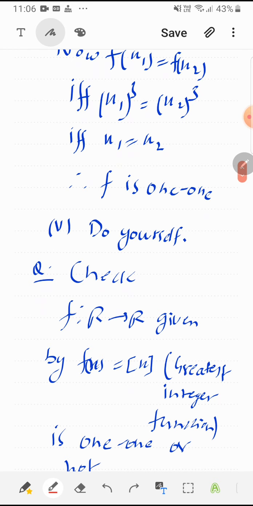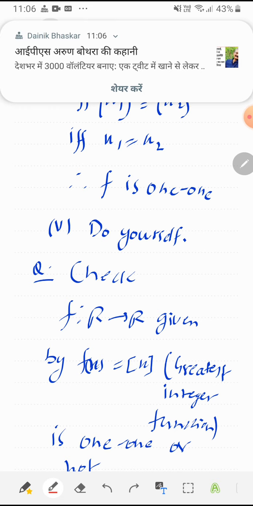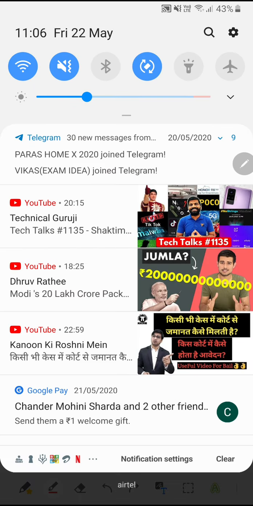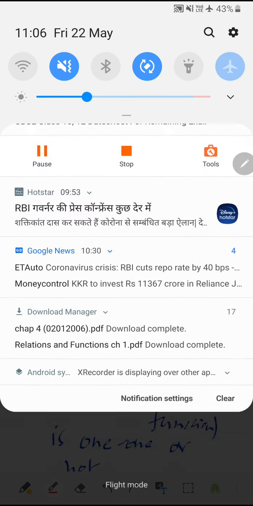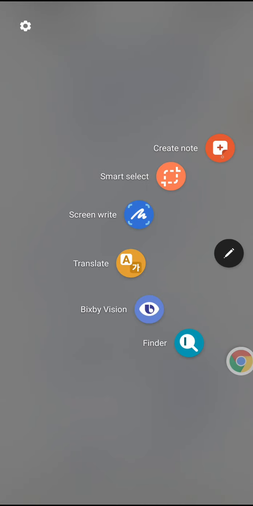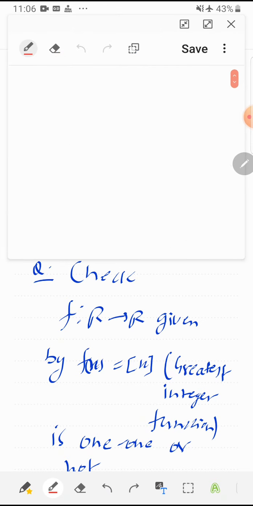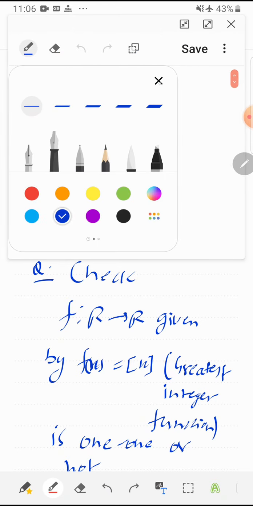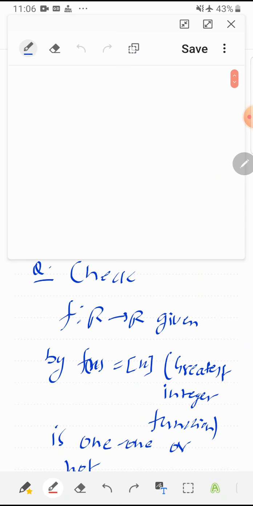So next is f from R to R given by f of x is equal to the greatest integer of x. Now this is the greatest integer function which we have studied in +1 class. So we have to check whether this is one-one or not. I always suggest that whenever you are dealing with some function, always try to know the function first. Don't think immediately about one-one or onto.